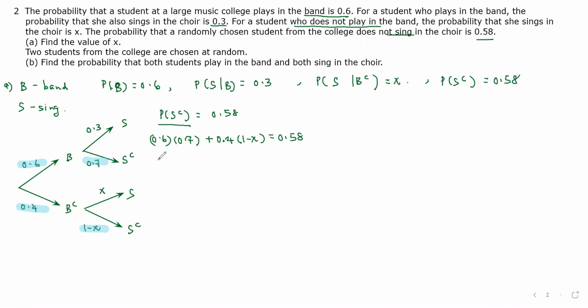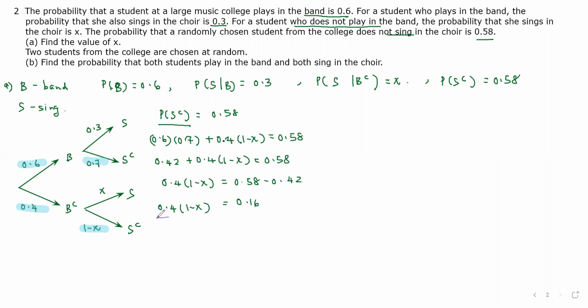0.6 times 0.7 gives us 0.42 plus 0.4 times 1 minus X. That is 0.58. We can rearrange so that 0.4 times 1 minus X is 0.58 minus 0.42, and that is 0.16.